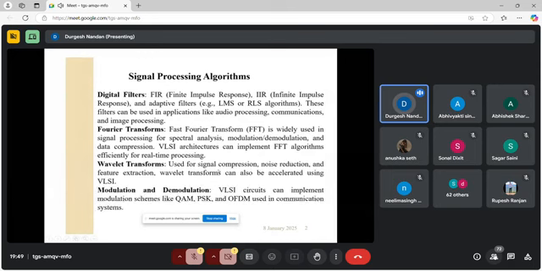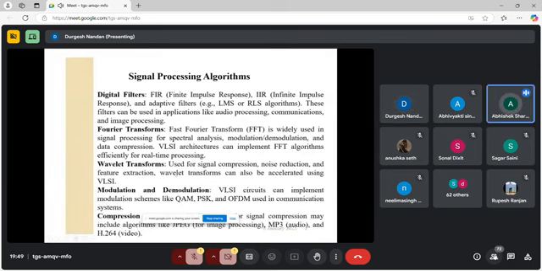Hopefully now it is available in full screen. Kindly confirm once. Yes, sir, it is available now.